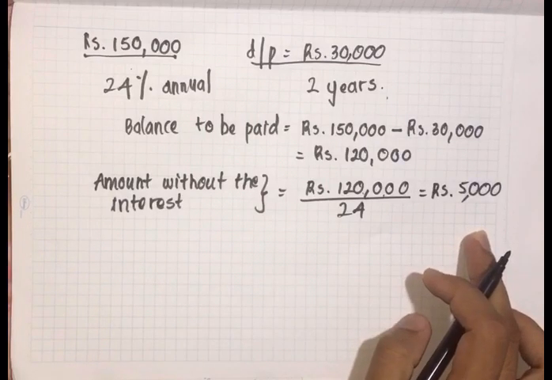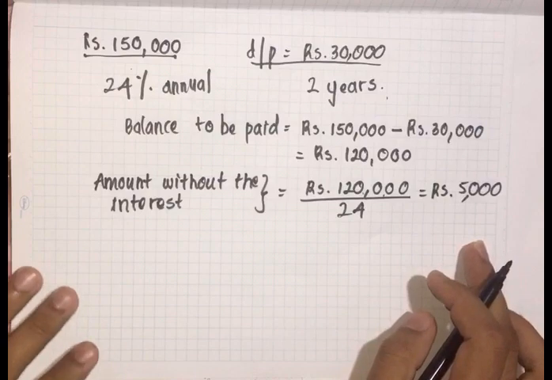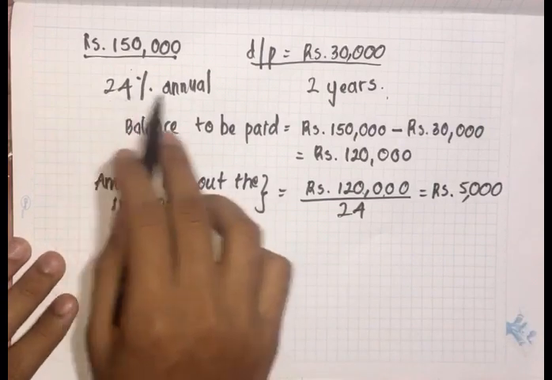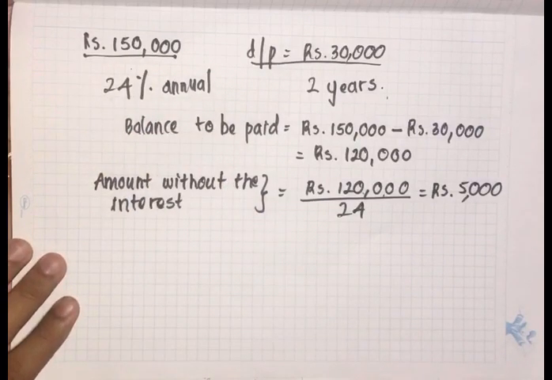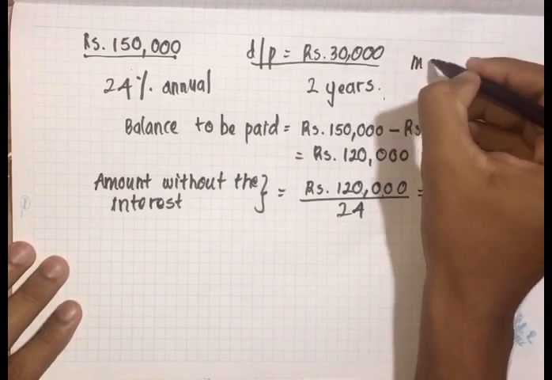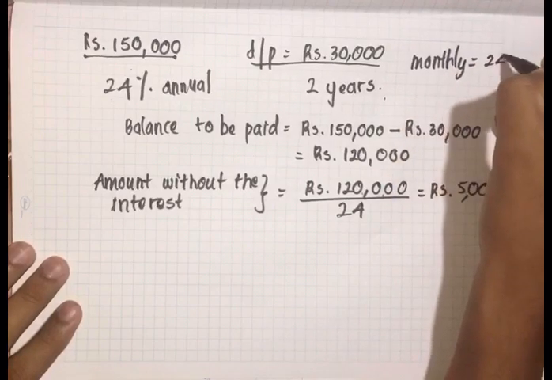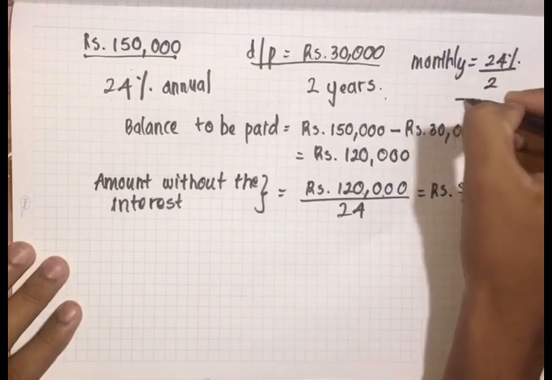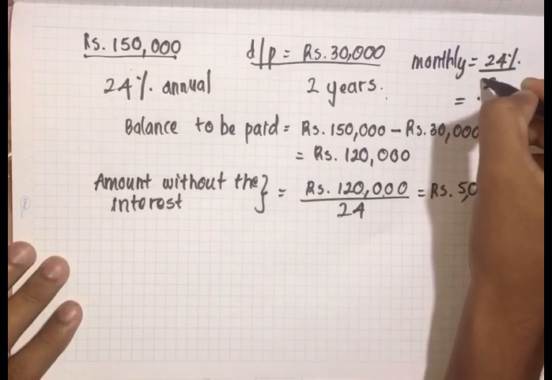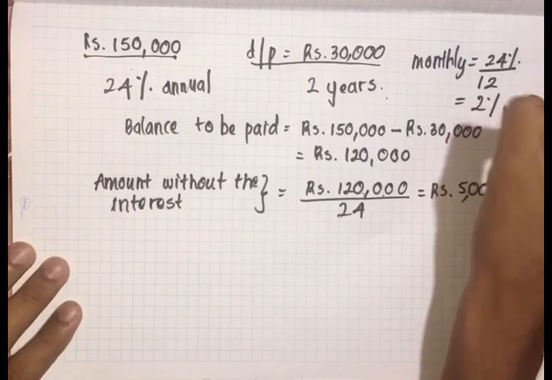Is that clear? Now next, since the annual rate is 24%, we'll find how much it is monthly. Monthly, you divide 24% by, sorry, not 2, 12. That gives you 2%.